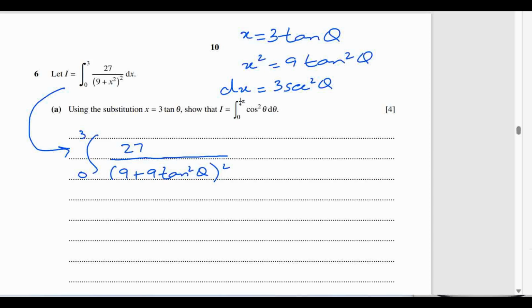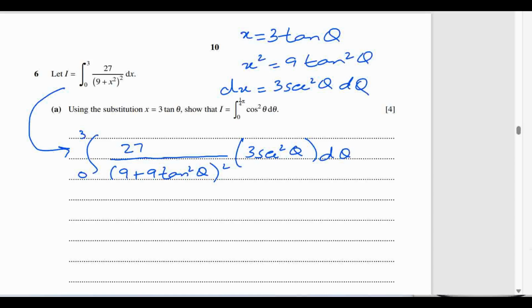Now as we can see, dx will be equal to 3 secant square of theta d theta. This should be d theta over here.